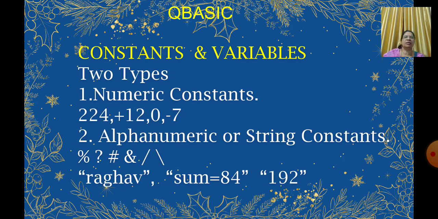That means you can understand it is an alphanumeric or string constant. Yes, children, understood now? An alphanumeric constant is a sequence of characters, that is A to Z or 0 to 9, and certain special symbols.